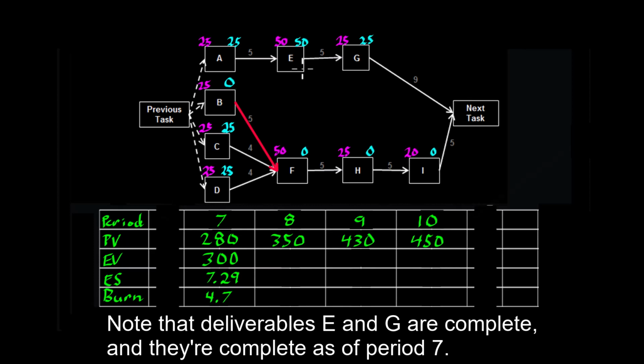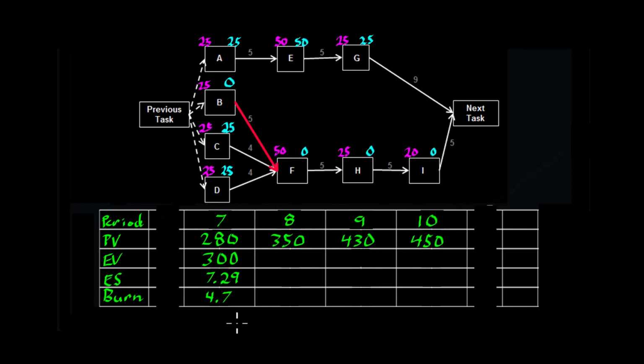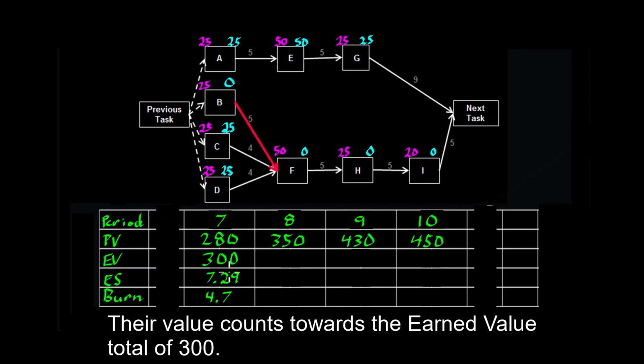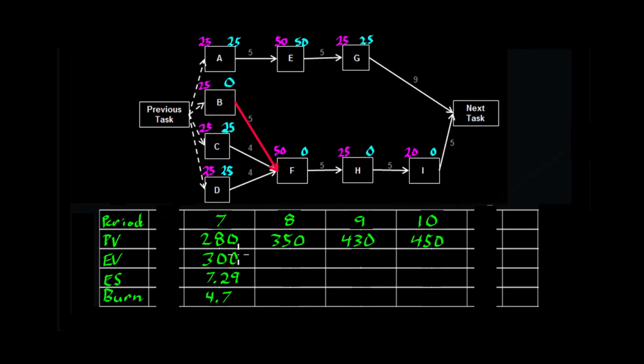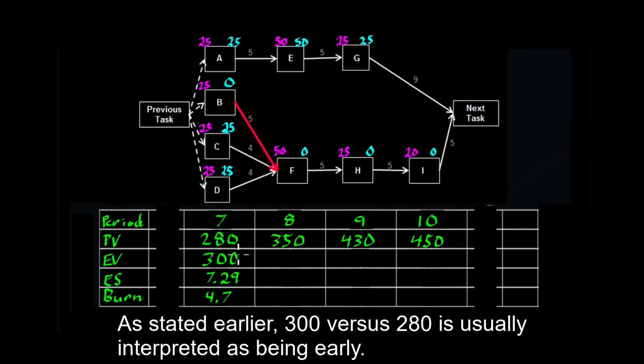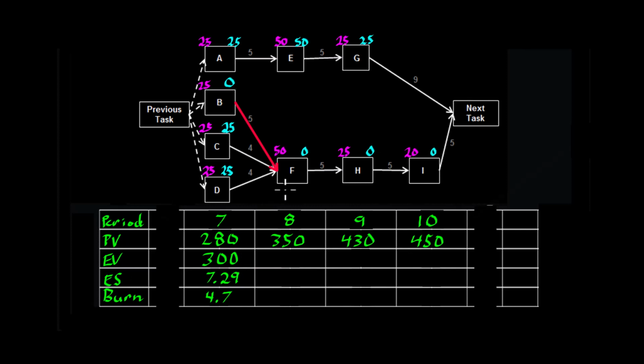Note that deliverables E and G are complete, and they're complete as of period 7. Their value counts towards the earned value total of 300. As stated earlier, 300 versus 280 is usually interpreted as being early.